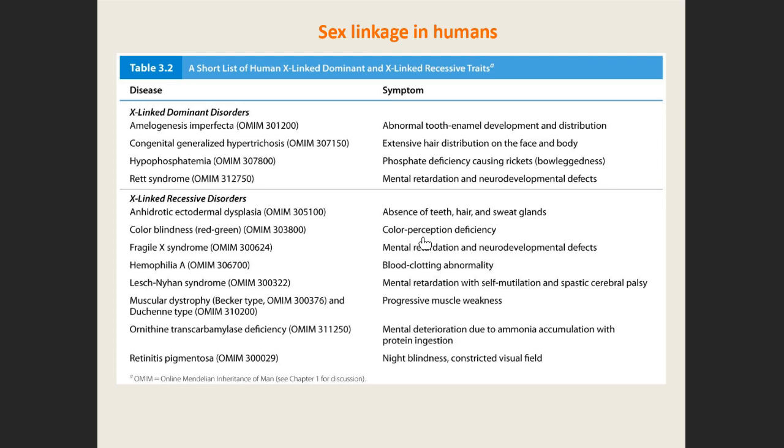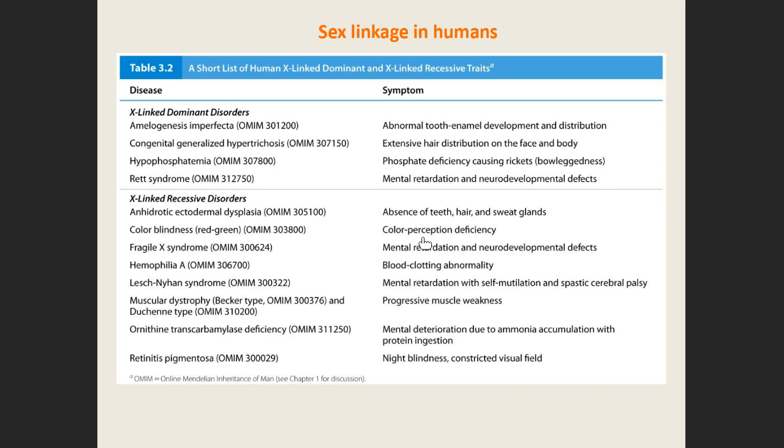Carolina. Yeah, hi, Professor. I have two questions. The first one is for sex-linked genes, like mutations and stuff like that. If there is an affected female offspring, she has to have an affected male parent, correct?